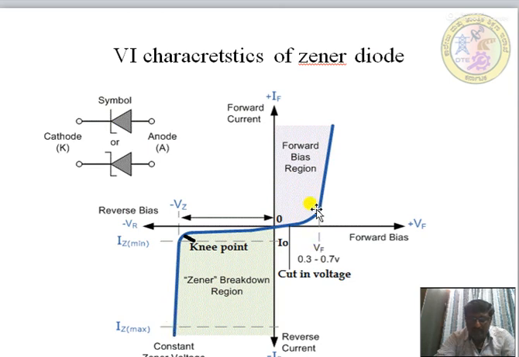To overcome that we use the Zener diode, where the reverse breakdown voltage is reached across the Zener breakdown region, with Iz minimum as well as Iz max. Here we come across two mechanisms, Zener breakdown as well as avalanche breakdown. Thank you, and this completes session 3 on the Zener diode.